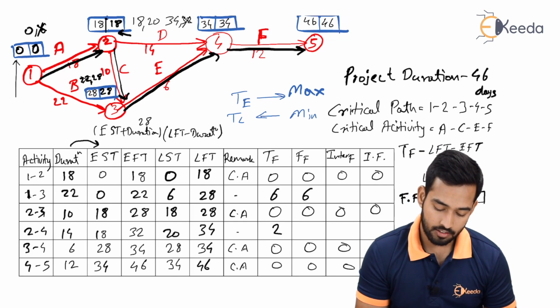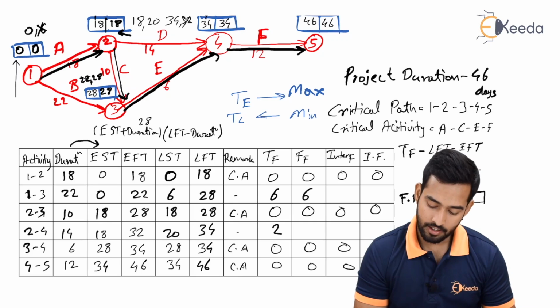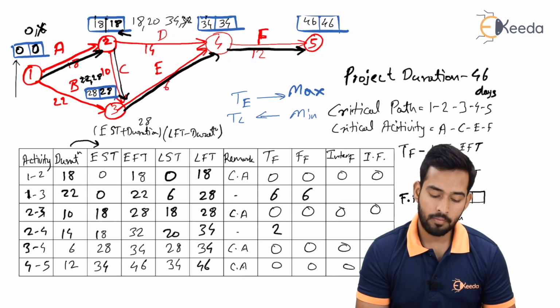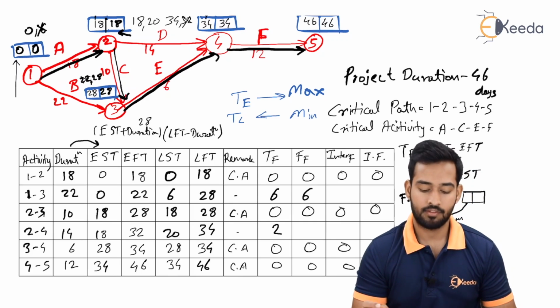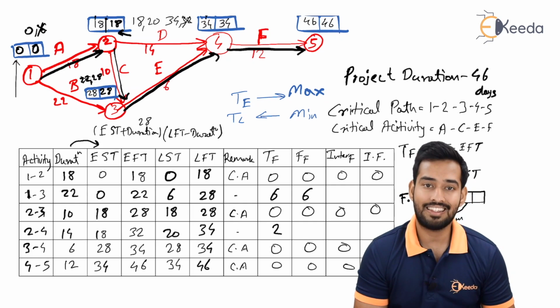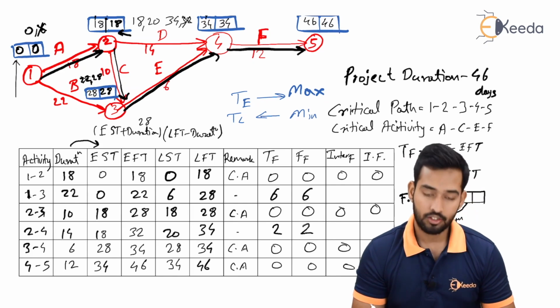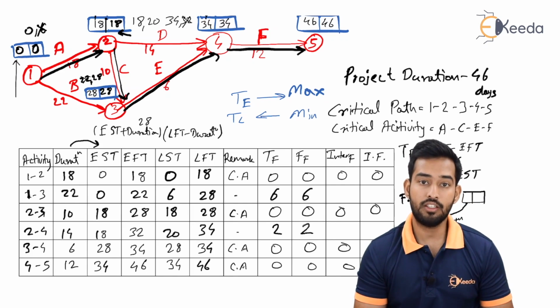TE, that is this, 34. 34 minus 18 is equal to 16, and 16 minus duration, that is 14, will give us 2. So your free float is 2.